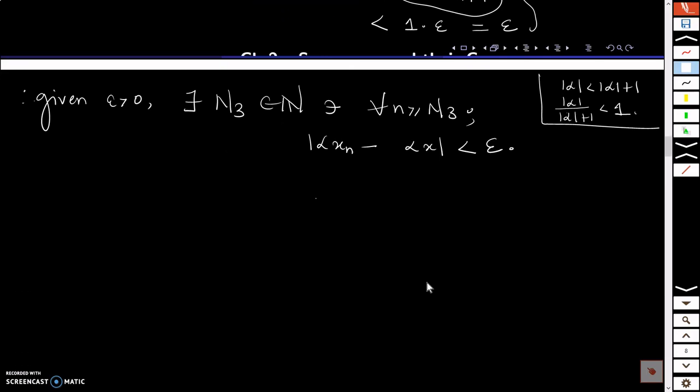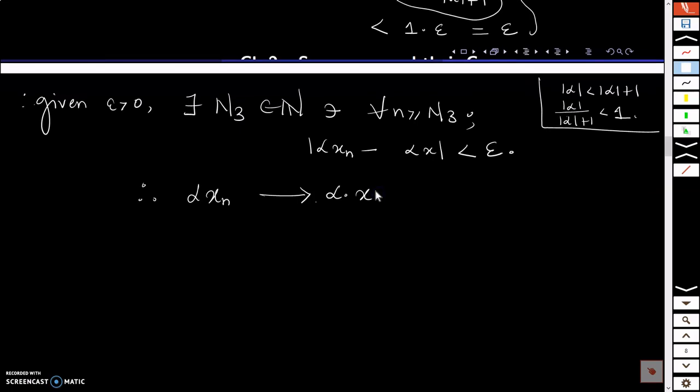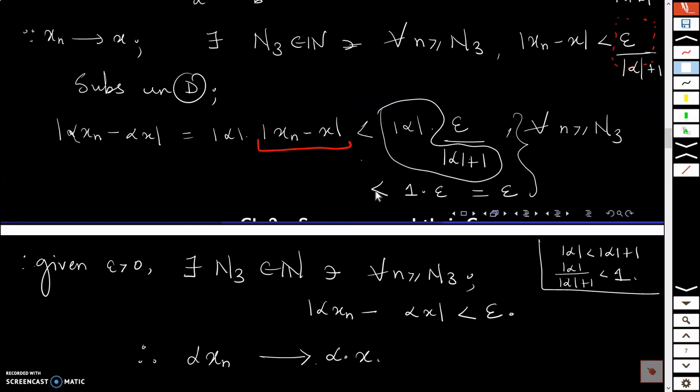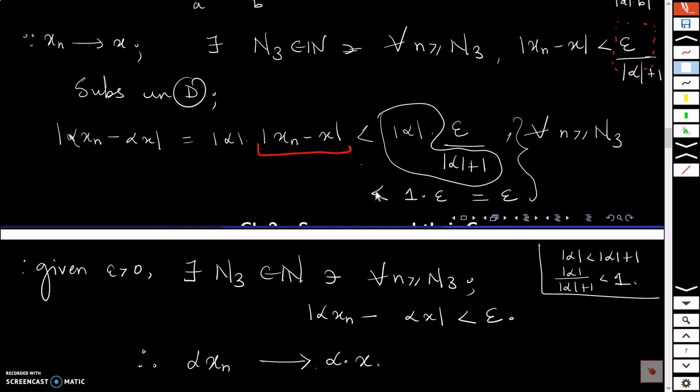That means by definition we have shown that the sequence alpha xn converges to the point alpha x. So this is how you show that if xn converges to x, then alpha xn has to converge to alpha times x.